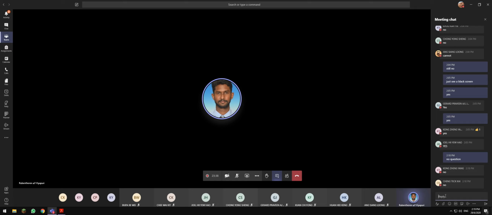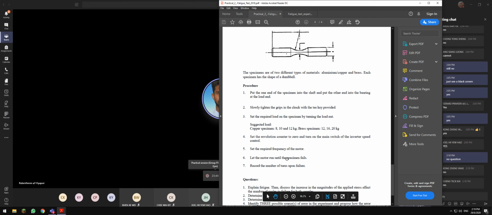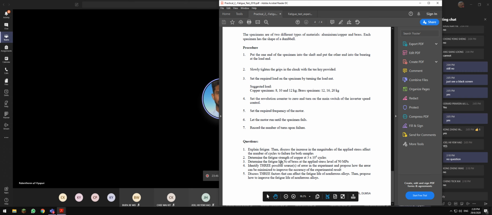Then it asks you to determine the fatigue strength of copper at 3 times 10 to the power of 4 cycles, and to determine the fatigue life NF for the brass at an applied stress level of 50. So there's some calculation involved. Now, if you could open up your practical fatigue experiment.